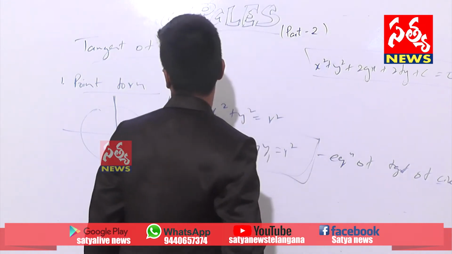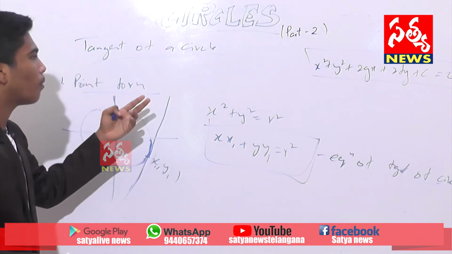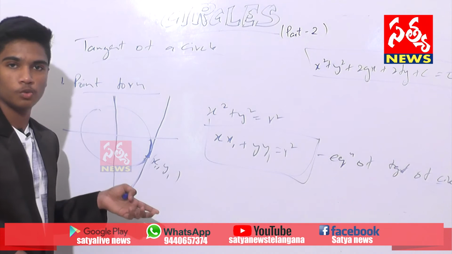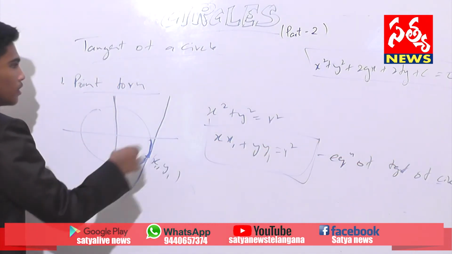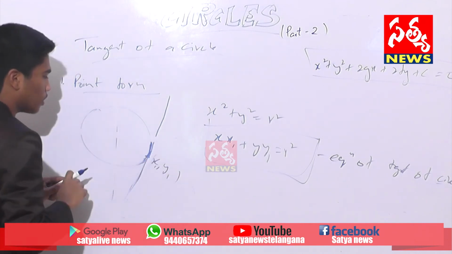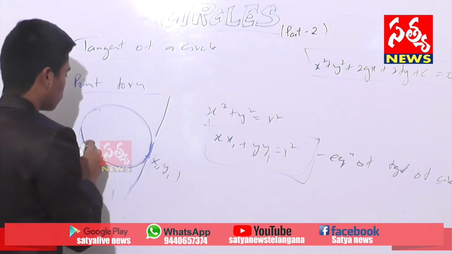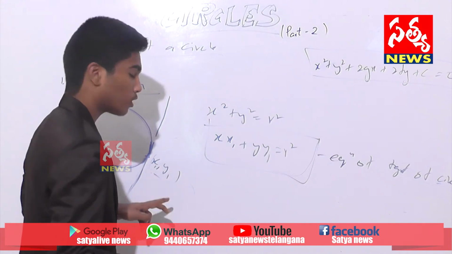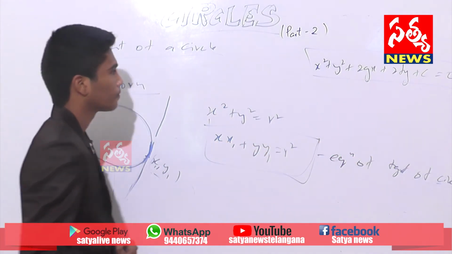And if at all they ask to find the point form of a circle where the tangent passes through the point x1, y1. Same here, the coordinate axes are not there. This is a random circle and x1 comma y1 is a point which lies on the circle.